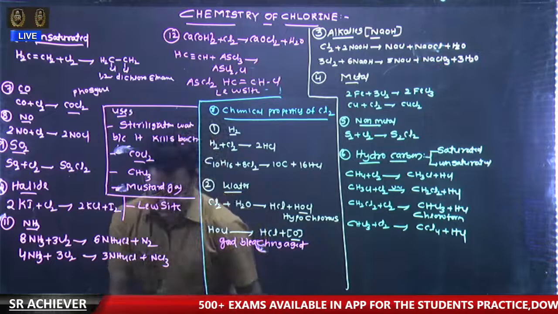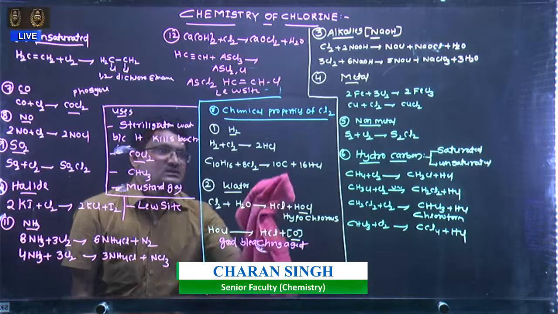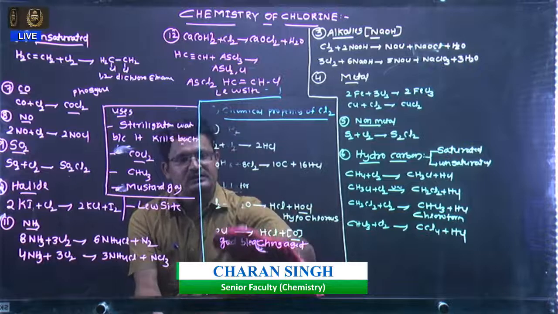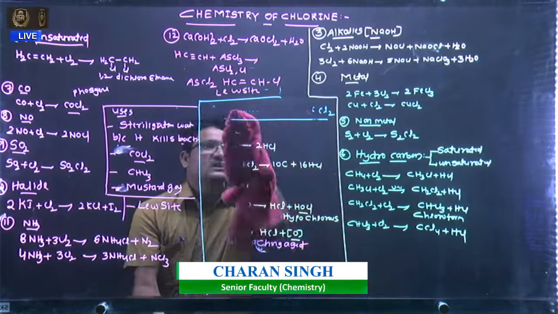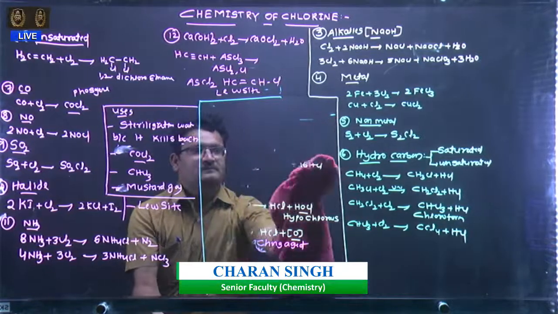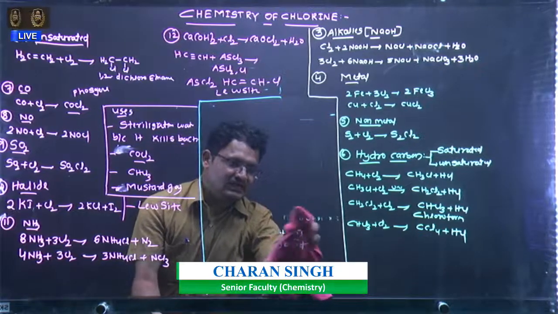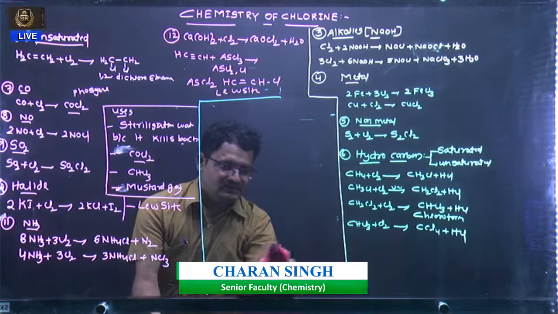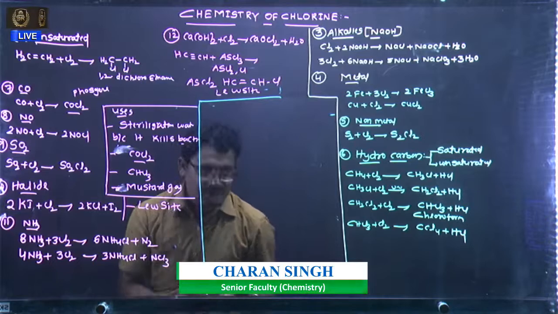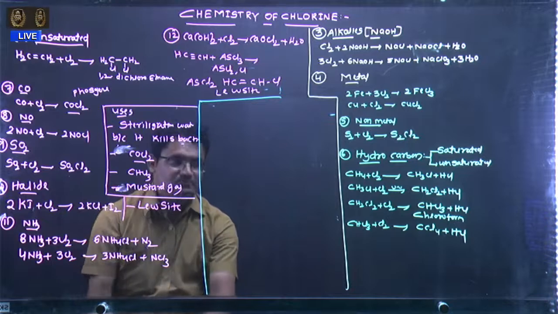These oxy acids of chlorine are basically four types: hypochlorous, chlorous, chloric and perchloric acid.